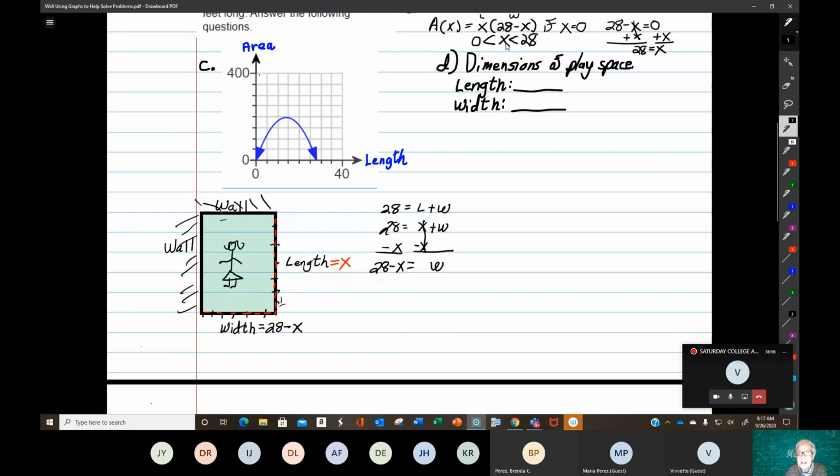So x needs to be between 0 and 28. And that's the reason it needs to be between 0 and 28, but not equal to 0 and not equal to 28. And I believe in the problem, you see this in set builder notation, which is x bar, x between 0 and 28, and then a brace on the end.